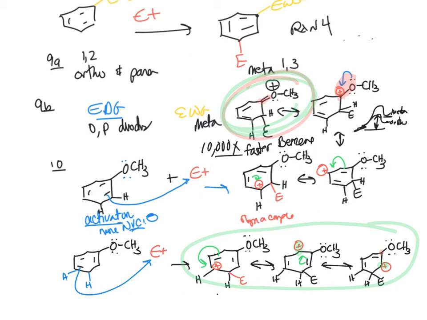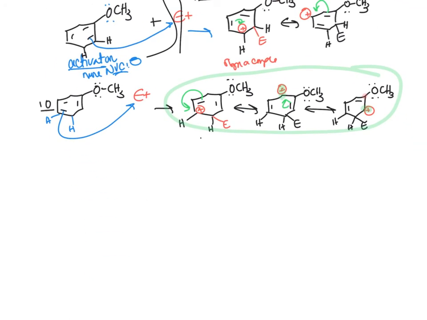So you can go through this exercise here, and then you can put the electrophile at the para position and draw your resonance structures. And I will let you do that.